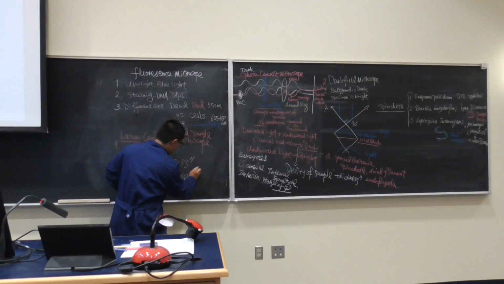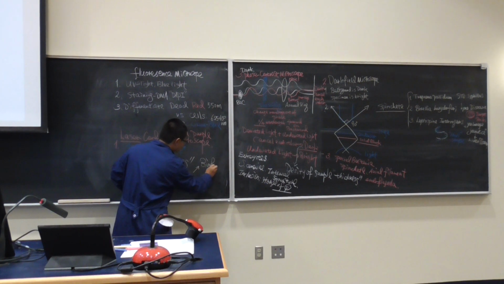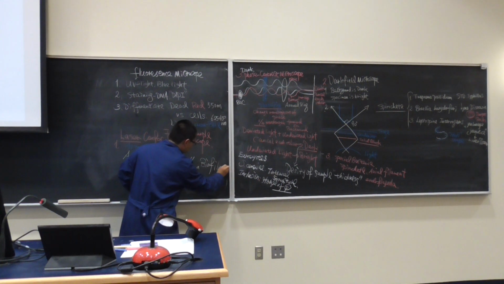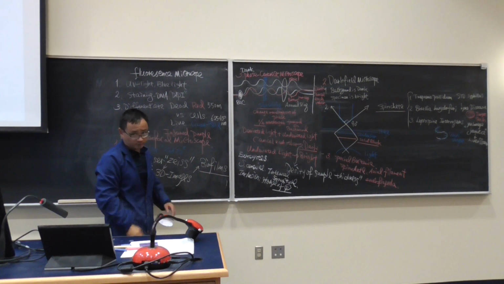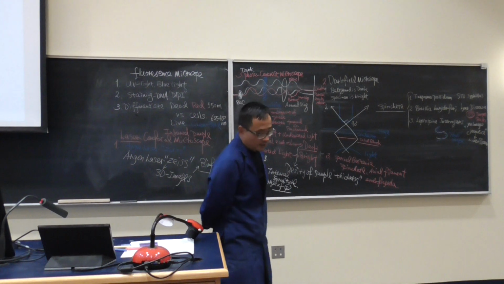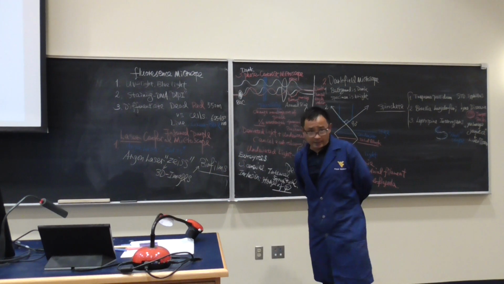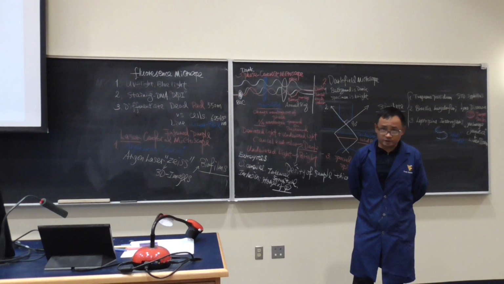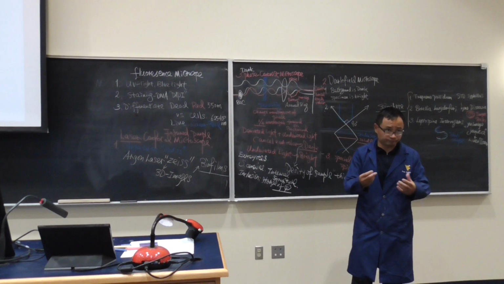Why? Because we can see different layers. That's a very good thing we need for bacterial biofilms. So what is bacterial biofilm? Bacterial biofilm is a very special grouping of bacteria. It's a matrix. They're stacking together.